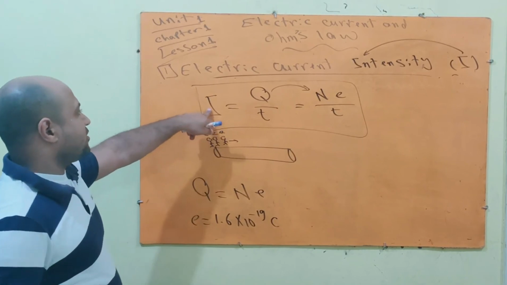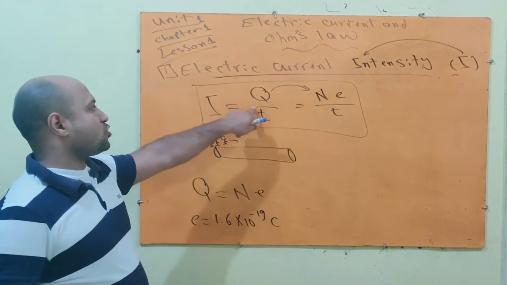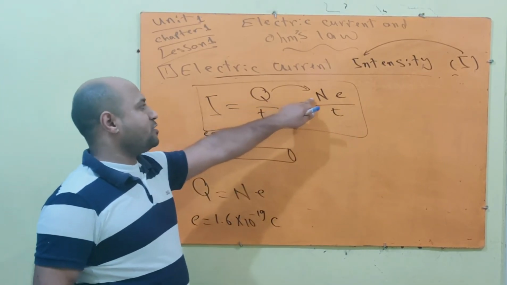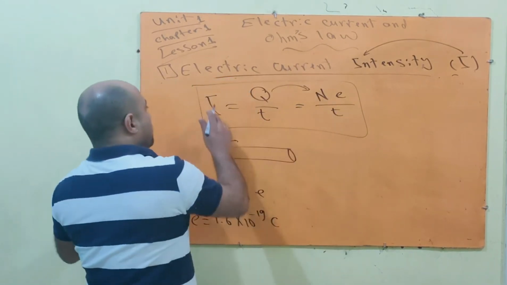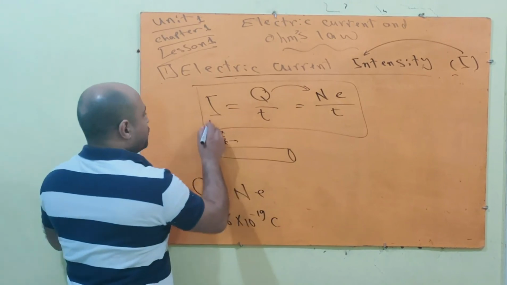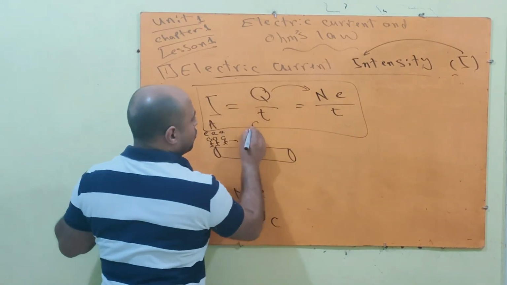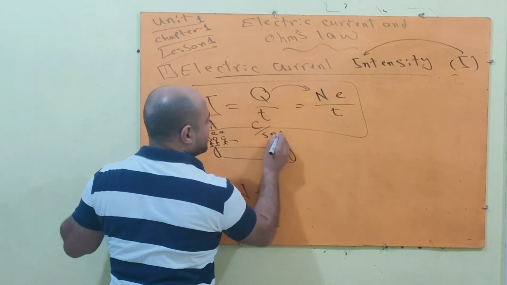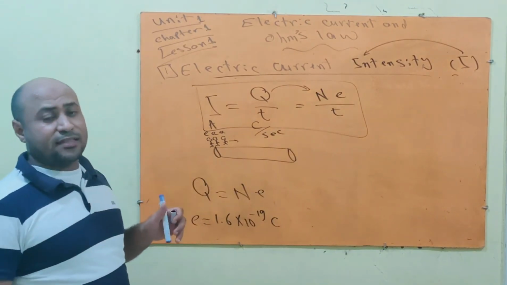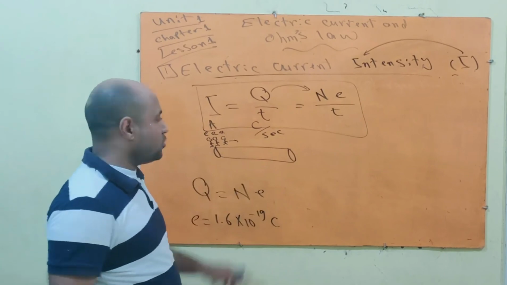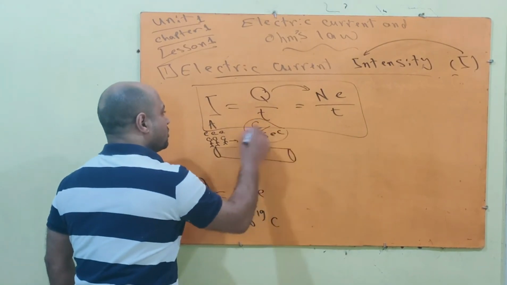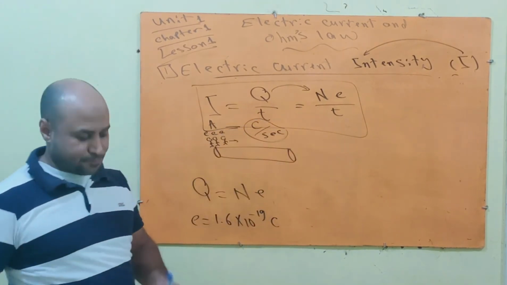The electric current intensity equals Q, quantity of charges, over time, which is equivalent to number of electrons times charge over time. The measuring unit of electric current is ampere, which is equivalent to coulomb per second. We can say that the electric current intensity at home equals 5 ampere or 5 coulomb per second, which is called the equivalent unit for ampere.